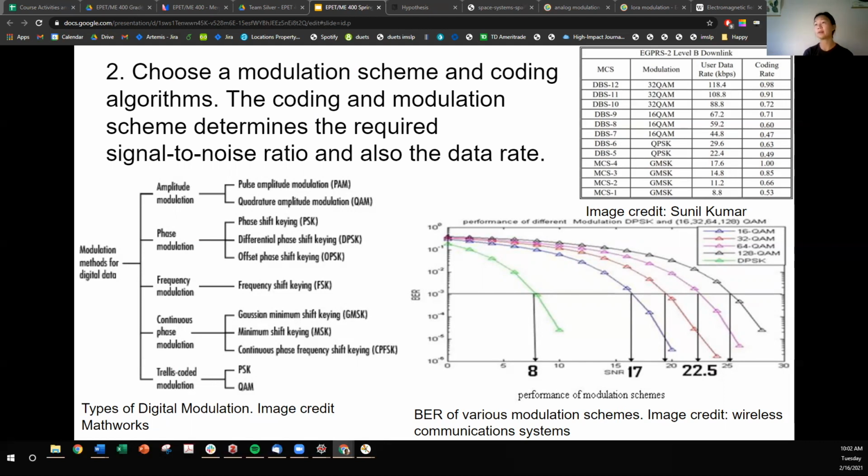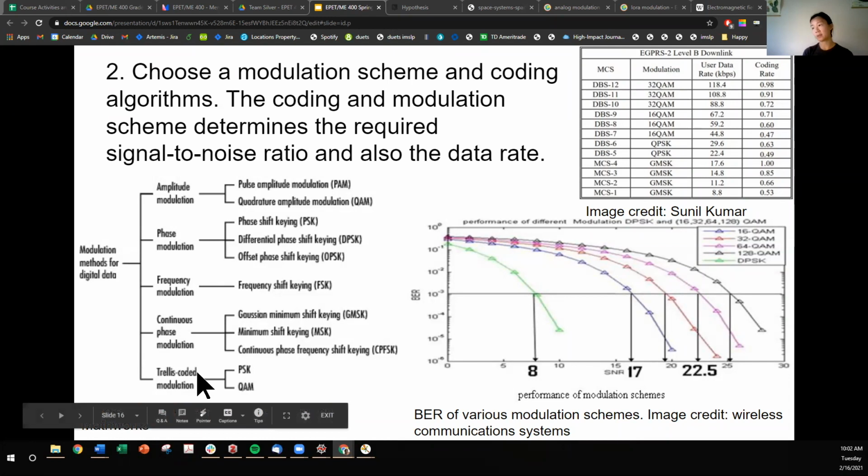There are many different modulation methods that we'll go over later in the week. They can be separated into amplitude modulation, phase, and frequency modulation. And then we've got continuous phase and trellis-coded modulations.